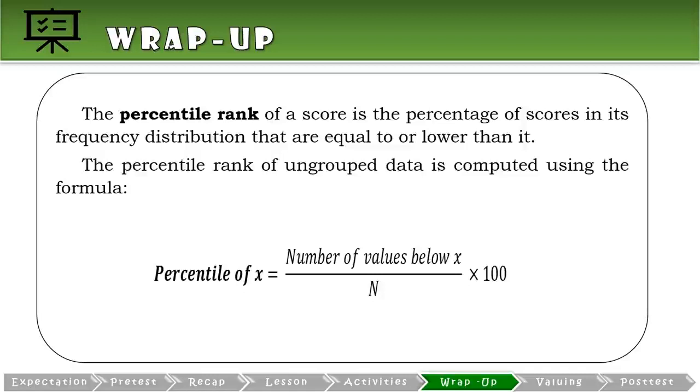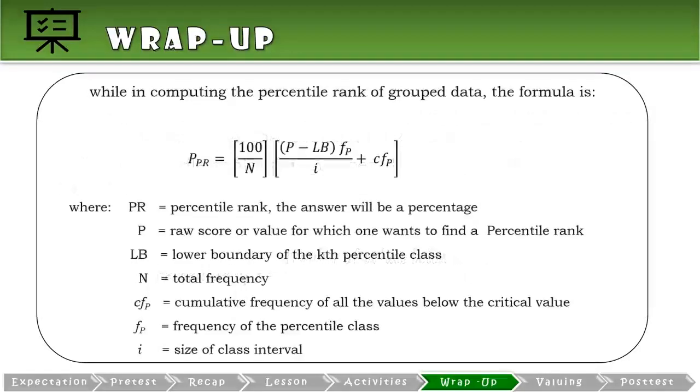While in computing the percentile rank of grouped data, in the formula, PR is the percentile rank, P is the raw score or value for which one wants to find a percentile rank, LB is the lower boundary of the kth percentile class, N is the total frequency, CF sub P is the cumulative frequency of all the values below the critical value, F sub P is the frequency of the percentile class, and I is the size of the class interval.